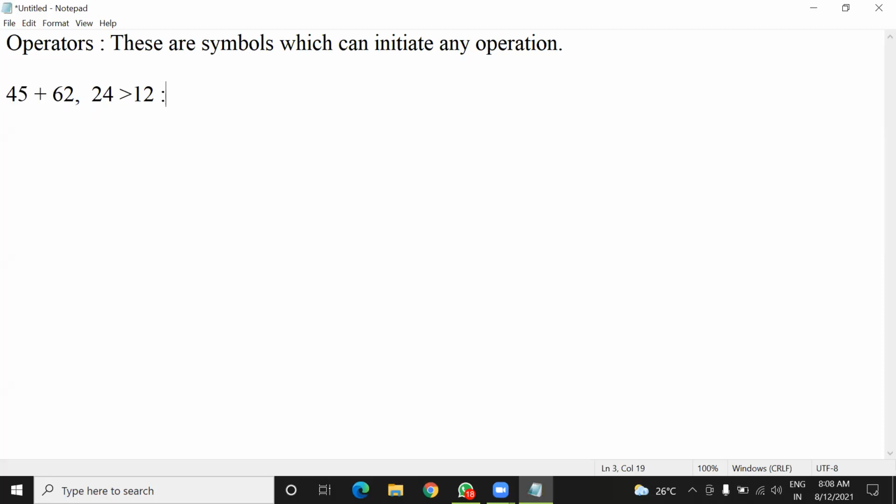The symbols are operators and the values are operands, upon which the operator works. Now let us see the types of operators. So what are the different types of operators? Let us see one by one.